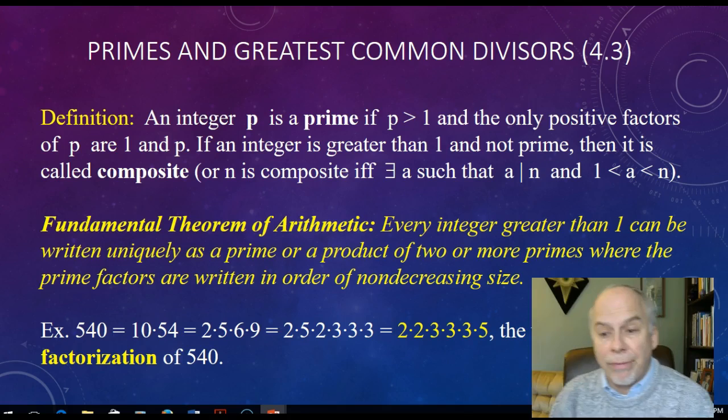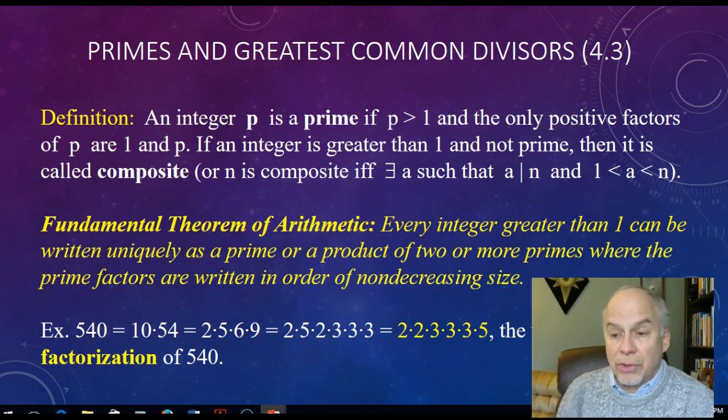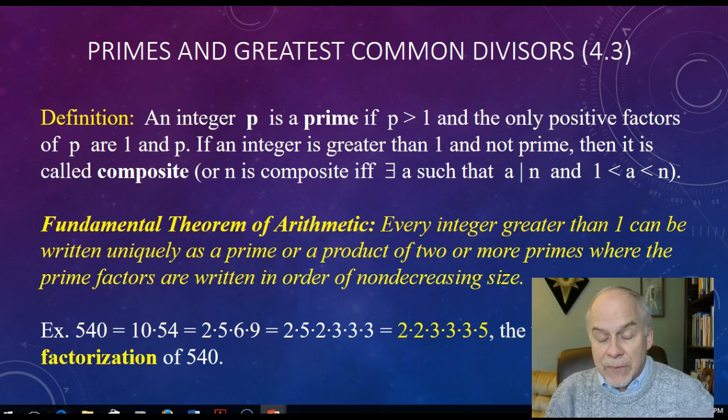Now, the fundamental theorem of arithmetic says every integer greater than 1 can be written uniquely as a prime, or as a product of 2 or more primes, where the prime factors are written in order of non-decreasing size.